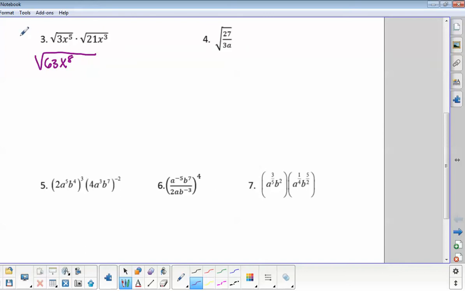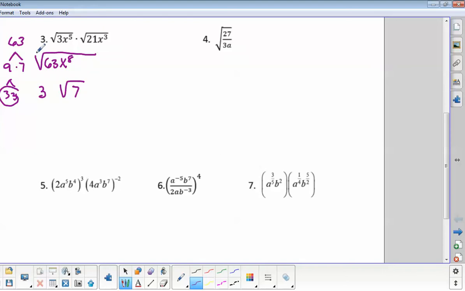So 63, I'm going to make a factor tree to see if anything comes out. That would be 9 times 7, and 9 is 3 times 3. So because the 3 comes up twice, that comes out and leaves the 7 underneath. Alright, to take out the x's, I would do x to the 8 over 2.